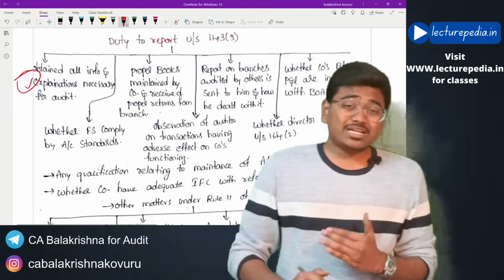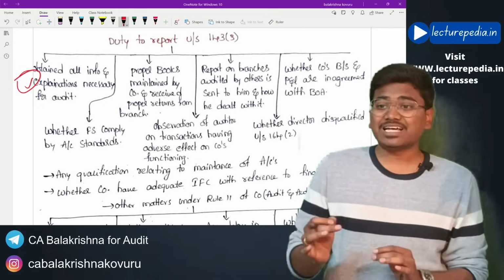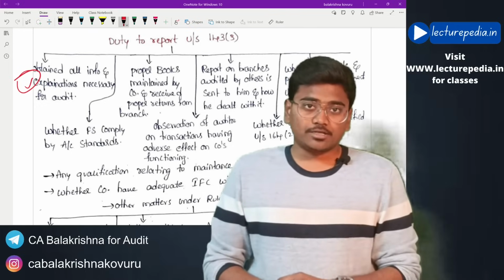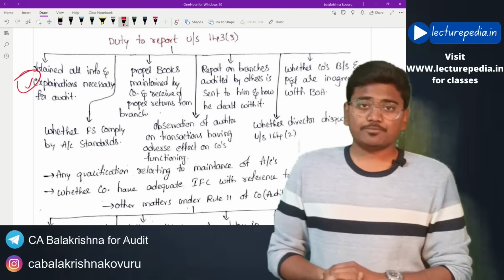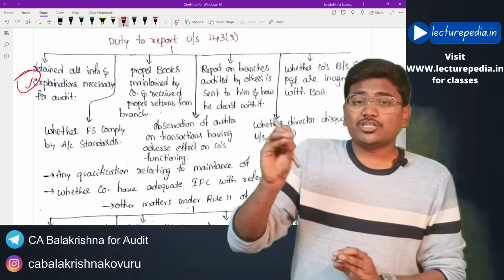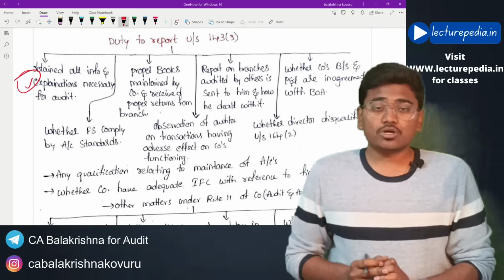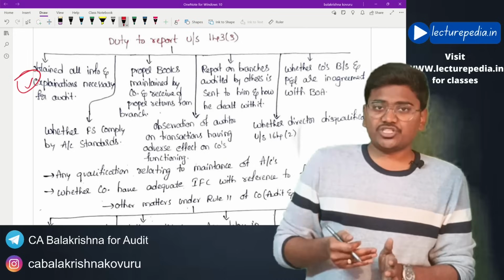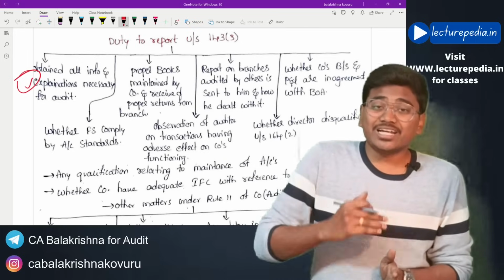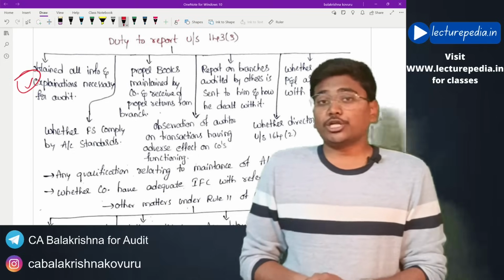Next, whether the company has maintained proper books of accounts or not, even that has to be reported by the auditor. And if the company is having any branches, whether the relevant documents and relevant returns related to books of accounts of the branch have been received by the auditor.